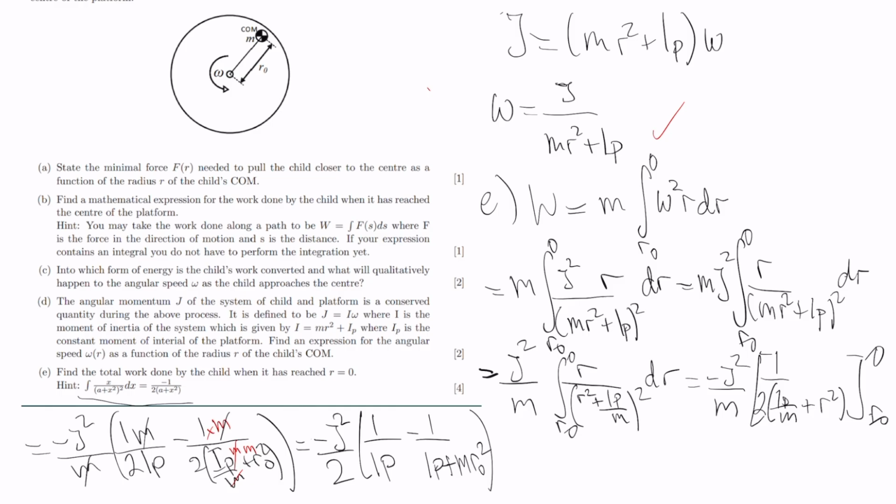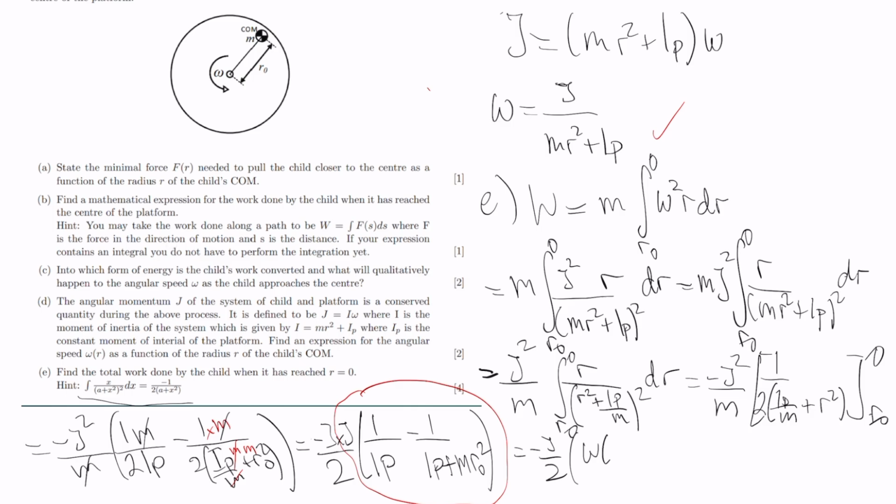So if I was to split this j into 2, j times j, this thing here is actually going to equal to minus j over 2. The angular speed evaluated at r is equal to 0 without this term.